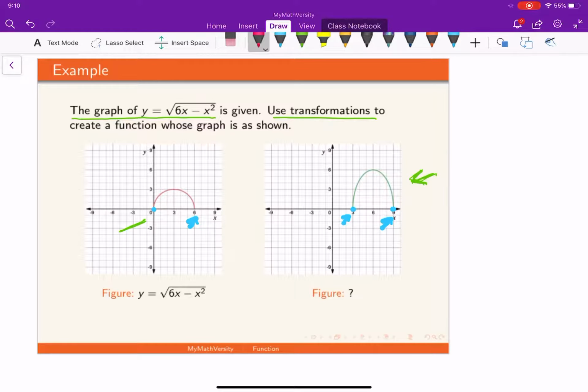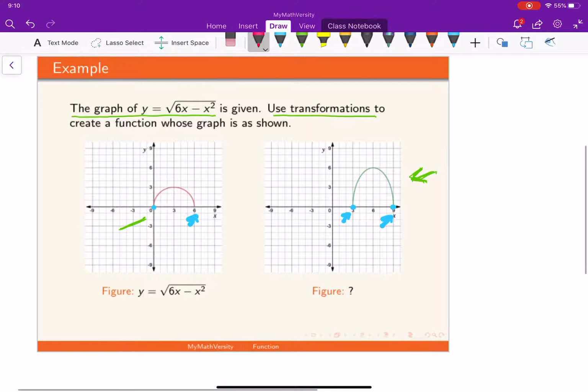You can see clearly it's a horizontal translation towards the right side. So how can we do the horizontal translation? If you want to move some number of units to the right, we subtract that many units from the x variable.